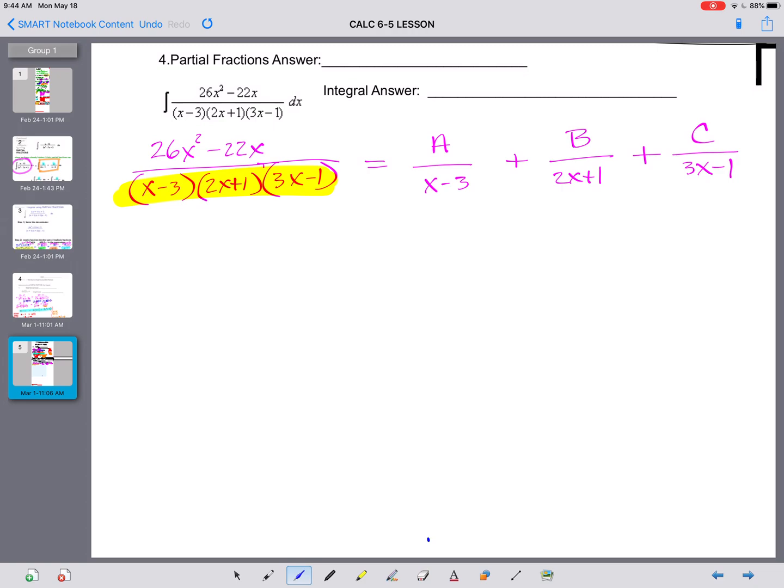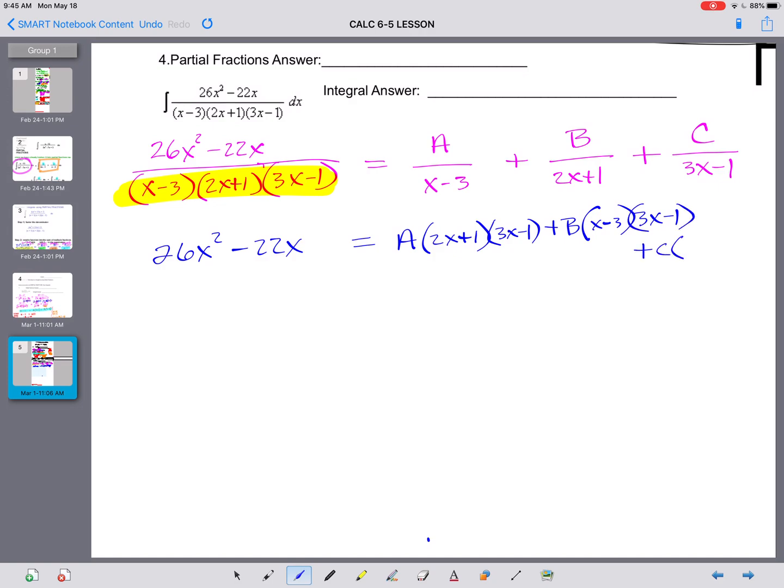Over on this one, you're only going to have 26x squared minus 22x left. On this one, the x minus 3 would cancel out. You're going to get A times (2x plus 1) times (3x minus 1), plus B times (x minus 3) times (3x minus 1), plus C times (x minus 3) times (2x plus 1).